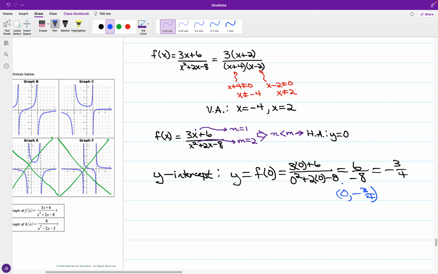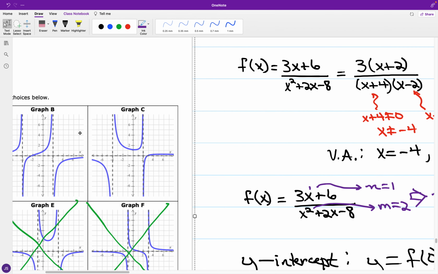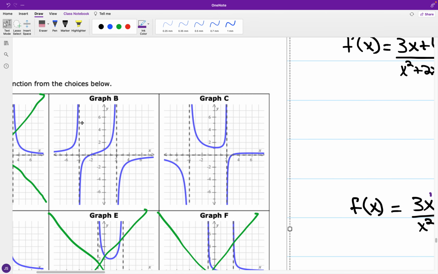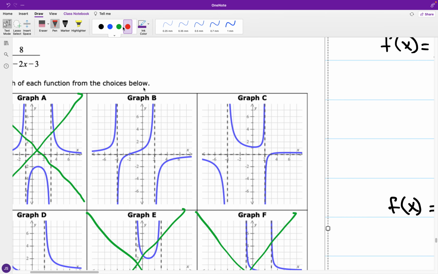Looking at the three graphs, we want a negative intercept on the y-axis. For B, negative 3/4 would be here, and this middle section of graph B is not coming close to that.